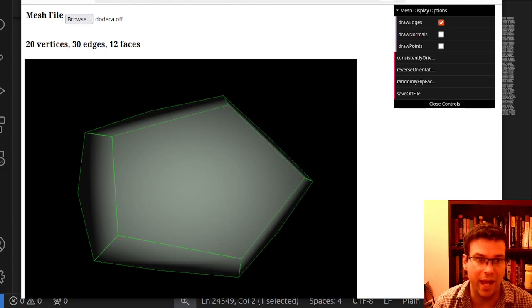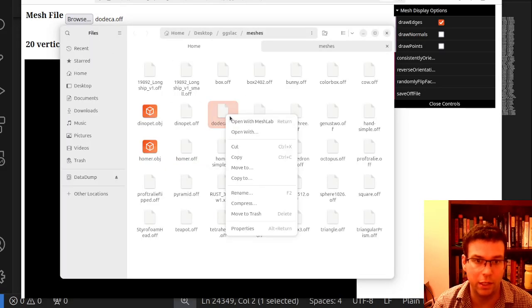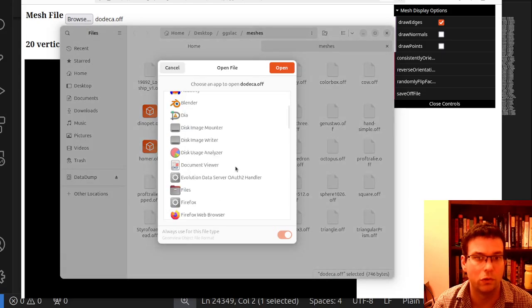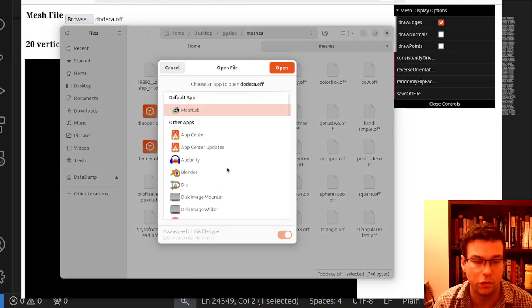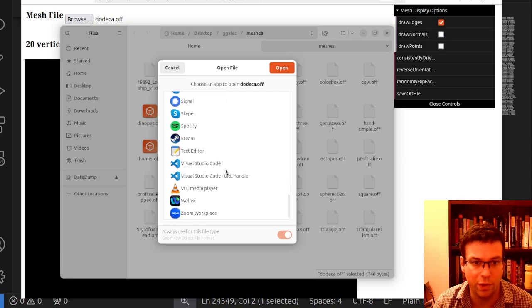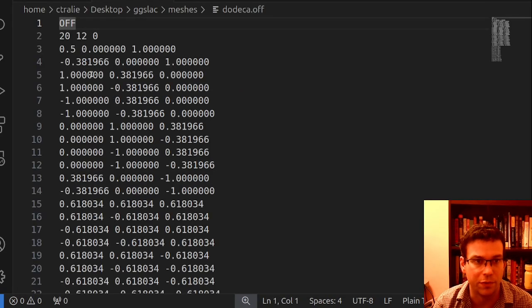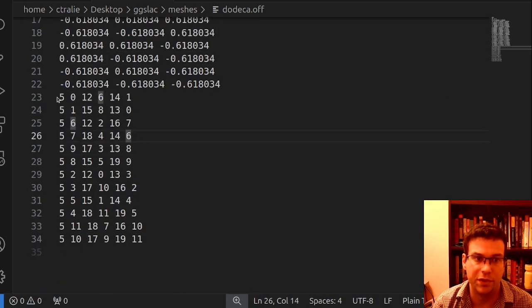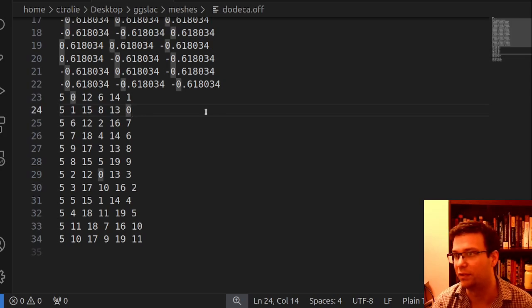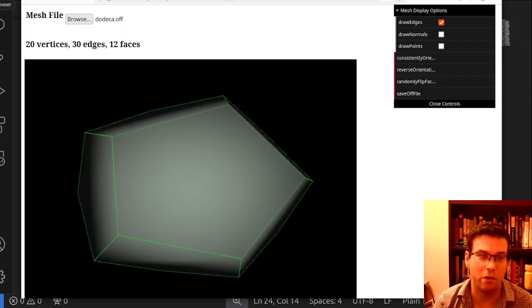It's got 12 pentagonal faces, 20 vertices. So if I open that up, here we go, 20 vertices, 12 faces. So we got the 20 vertices there. And then notice that the faces say that they actually have 5 vertices. All right, so that's the OFF file format.